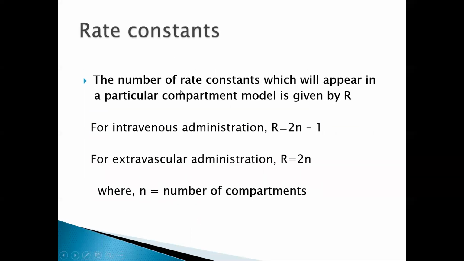So how can you know how many rate constants will be there in a particular compartment model? It is given by this term R. So for IV administration, R equals 2n minus 1, where n is the number of compartments. So imagine if we have just one compartment, n will be equal to 1, so there will be just one rate constant.